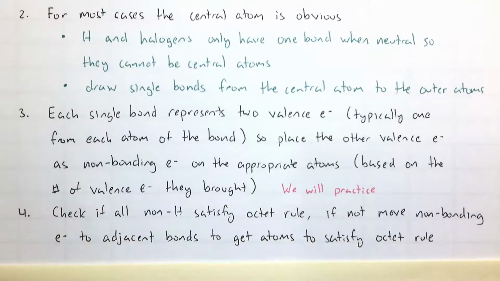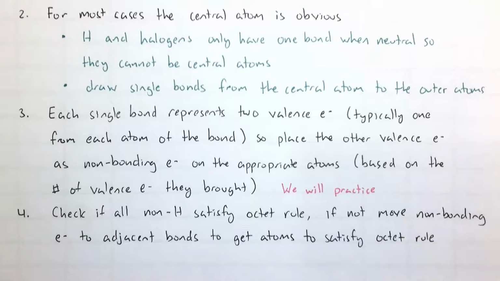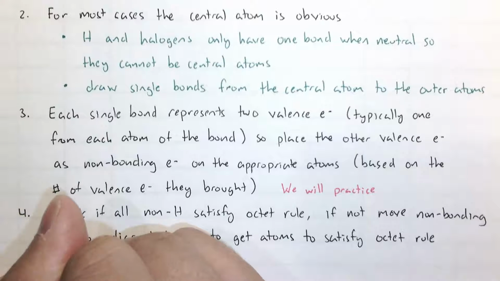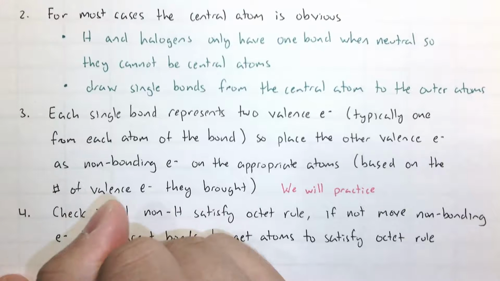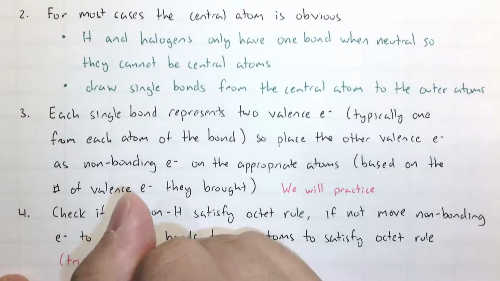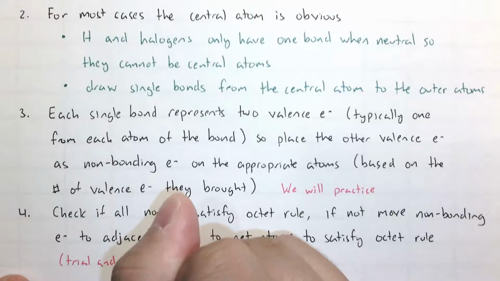Number 4, and it's the last guideline. Check if all non-hydrogens satisfy the octet rule. If not, move the non-bonding electrons to the adjacent bonds to get atoms to satisfy the octet rule. Now, some of this will be trial and error, because we're going to be shifting electrons.